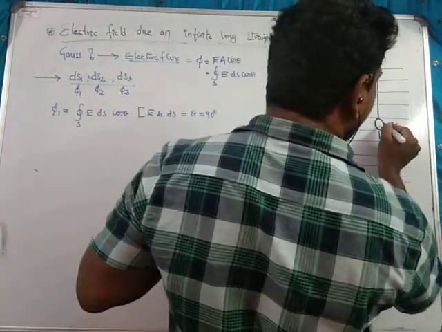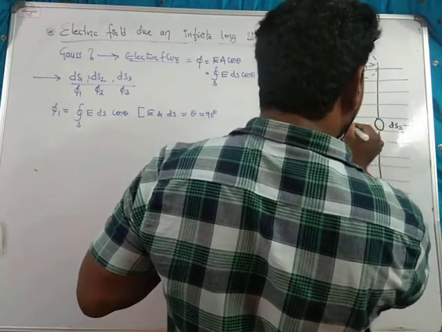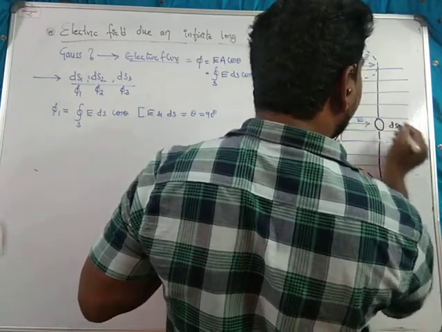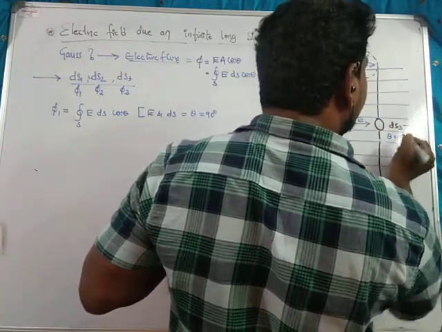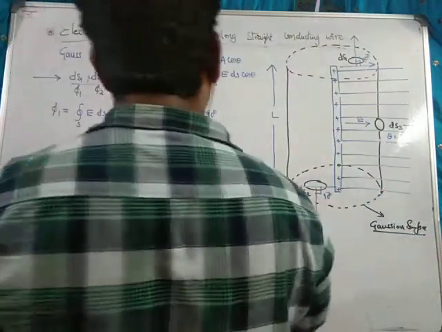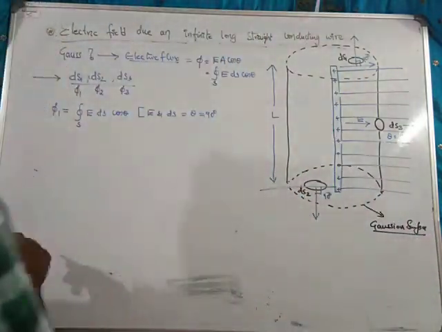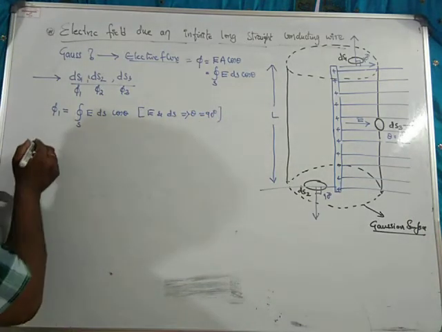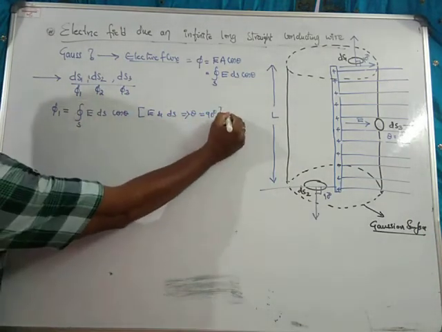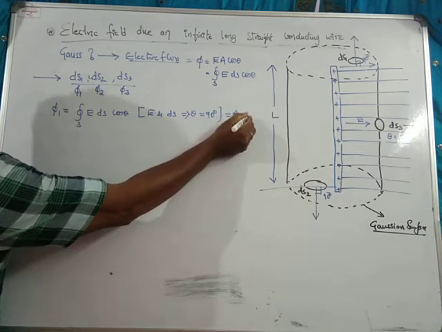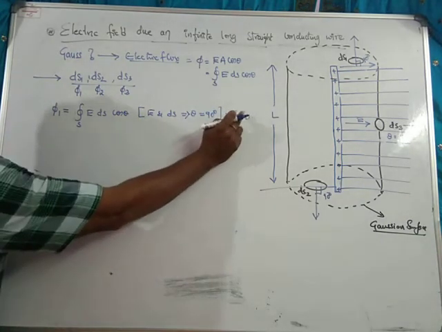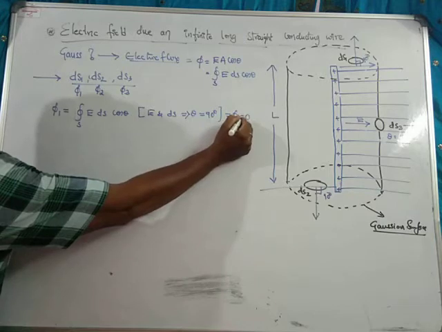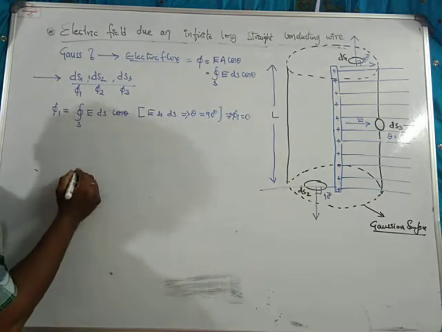For the side surface, the area and field lines have the same direction, so the angle is 0. For the first, theta is 90 degrees, so flux 1 is equal to 0.